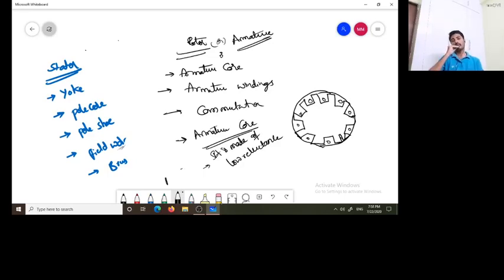In case of a yoke it is sometimes cast steel or cast iron, or silicon steel is also used. Here in the armature core we use a low reluctance material called silicon steel.